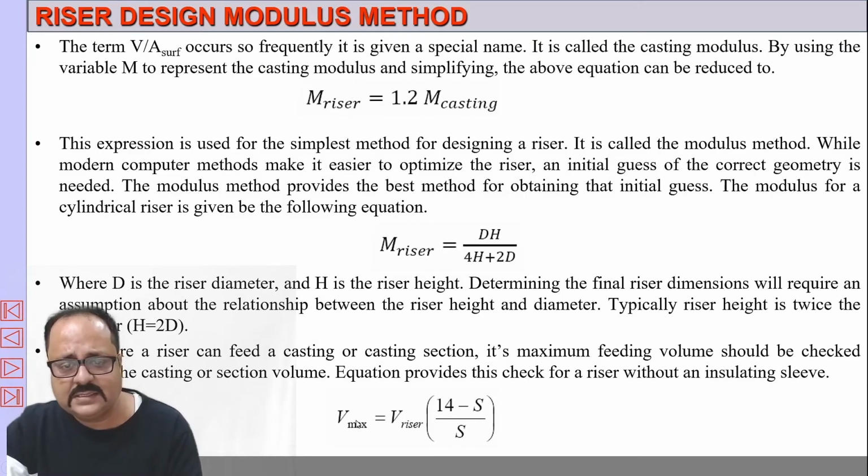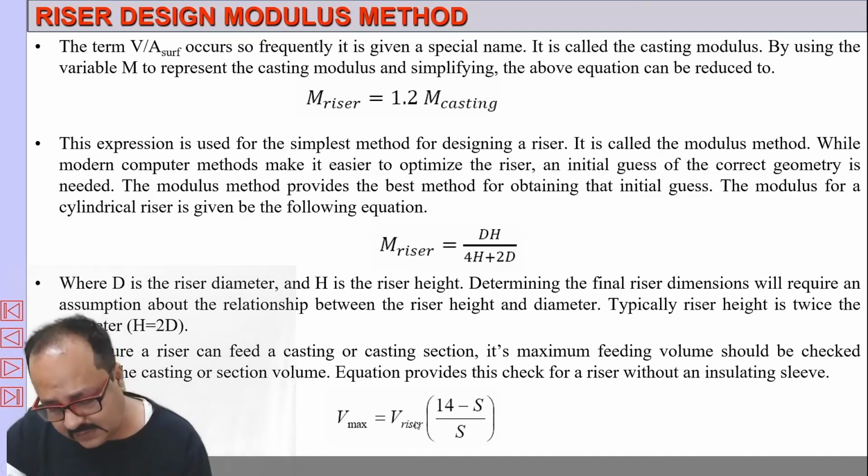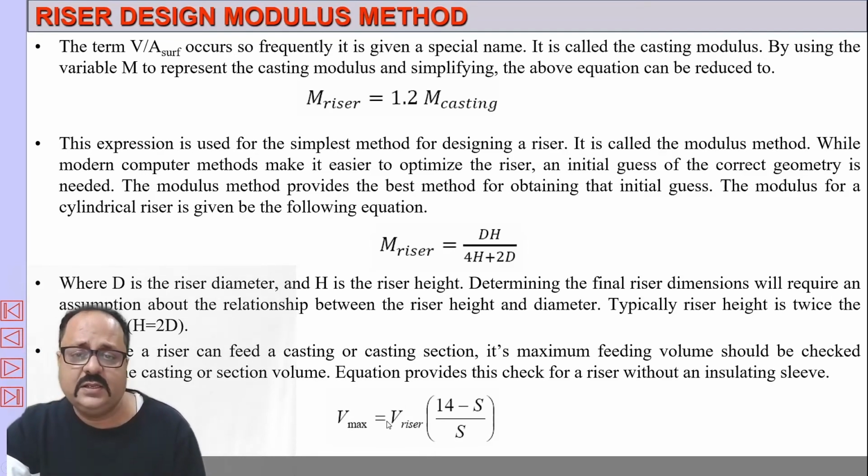Now if Vmax is more than the casting volume, then we have enough material volume in the riser to compensate, and this will be the maximum volume that the riser can compensate. If this maximum volume is more than the casting volume, then it's okay. In case this maximum volume is less than the casting volume, then we have to redesign it.